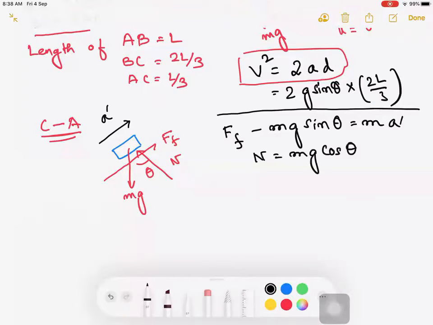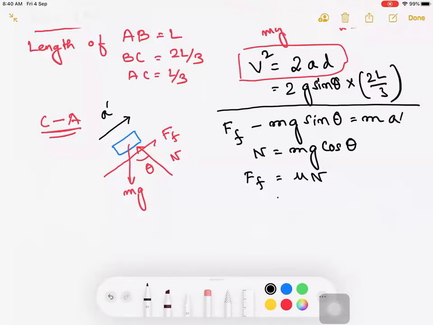Now we know that in case of kinetic friction, the frictional force magnitude is equal to mu times N. So I can write frictional force is equal to mu mg cos theta. I'm not substituting the value of mu as of now. I put this over here.